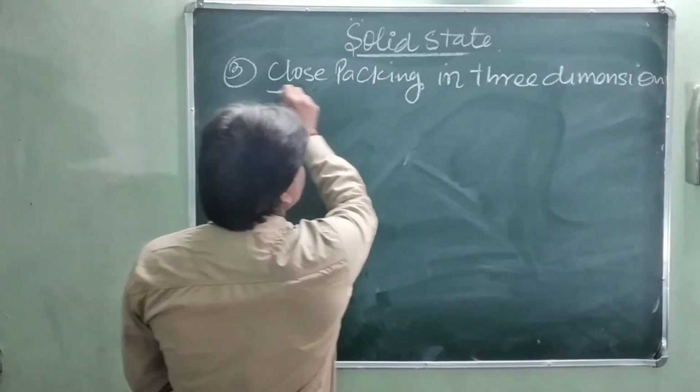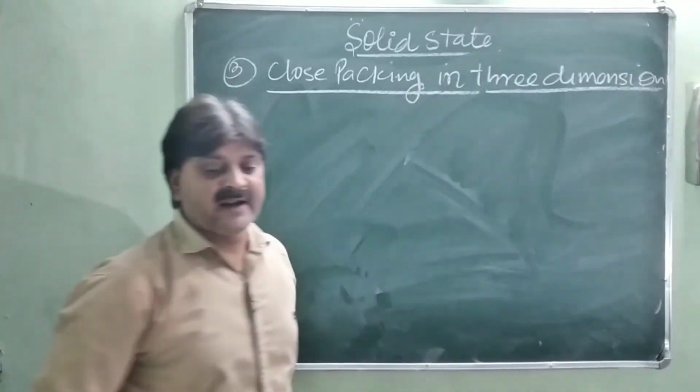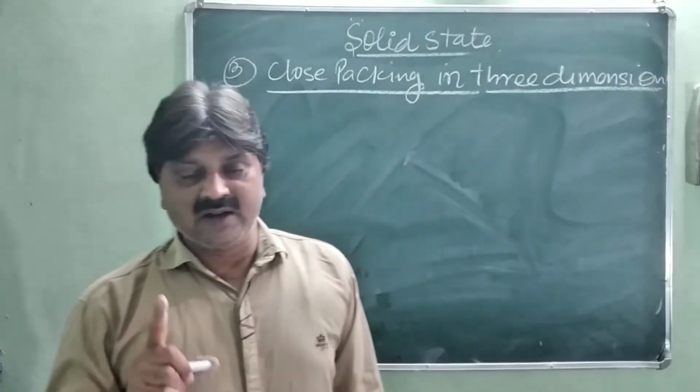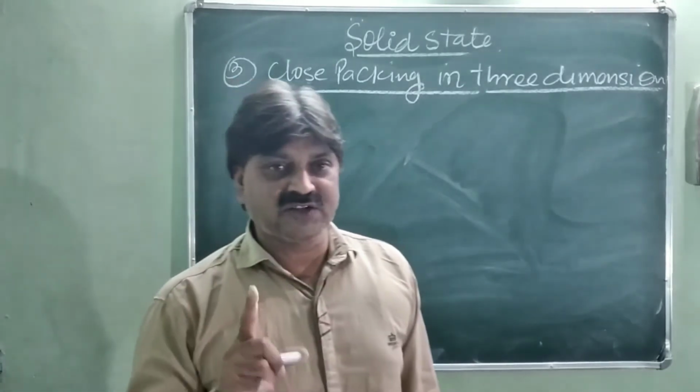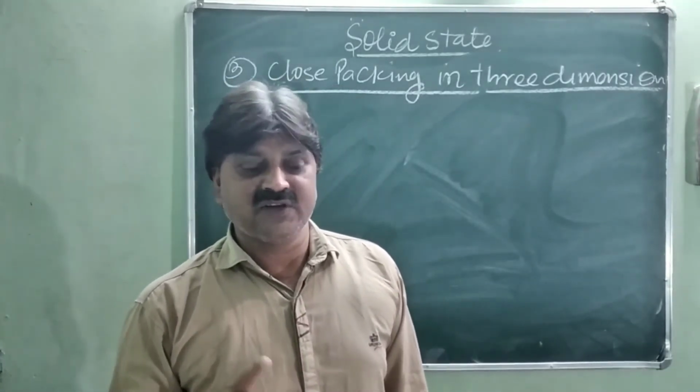So how do you place the 3-dimensional arrangement of the atoms in the solid? All the real structures, all the true structures, are 3-dimensional. Keep in mind, all the true structures are 3-dimensional.